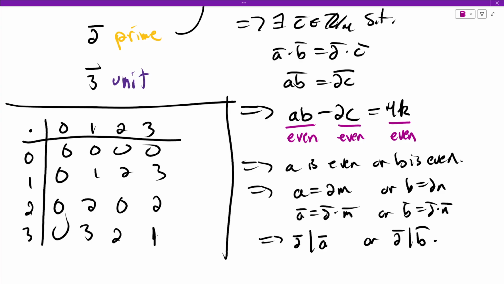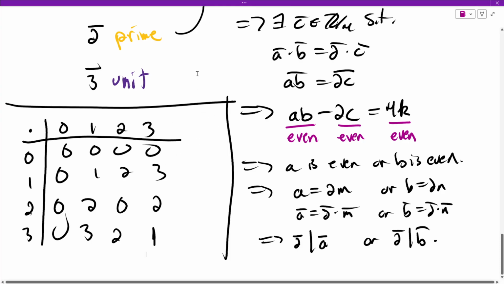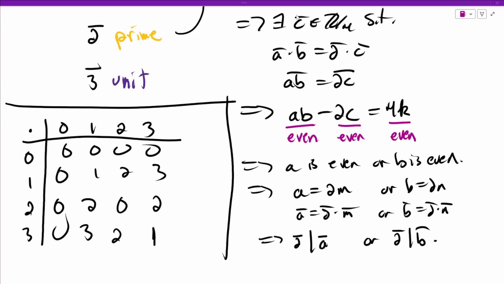All right. So the guys that 2 is a factor of are going to be precisely the ones that are multiples of 2, right? So for 2 to be a factor of you, you have to be a multiple of 2.